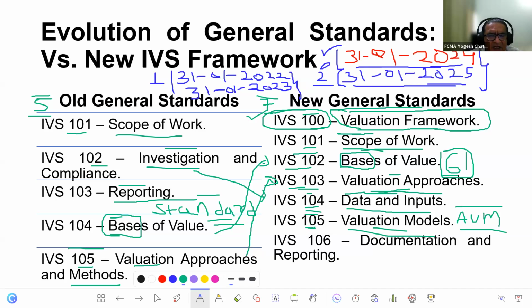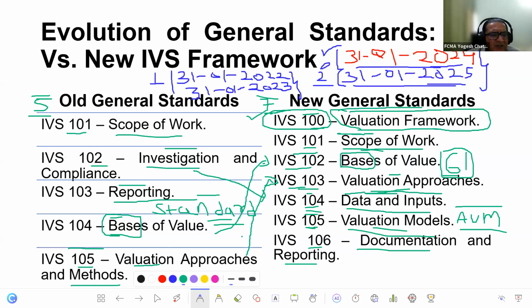So what is the meaning of automated valuation model? A guidance on the use of automated valuation model is now provided under IVS 105. So that is a newly added general standard. And IVS 106 is on documentation and reporting.